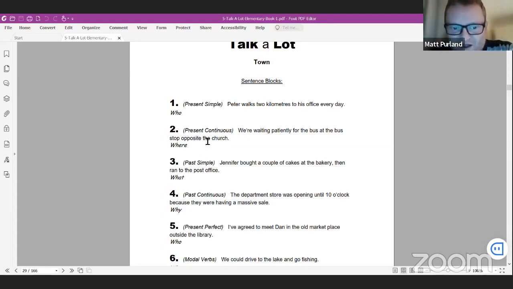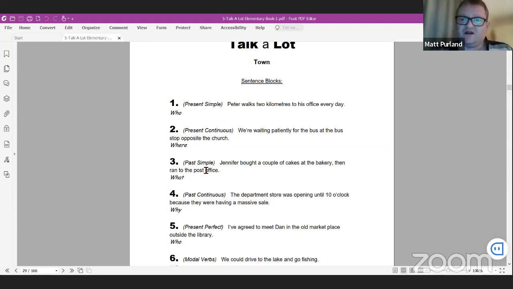The same with different tenses. Of course, students can make up their own sentence blocks. If you've got beginner level, you could make very easy sentence blocks. Like Peter walks every day. That's it. Who walks every day? Peter does.